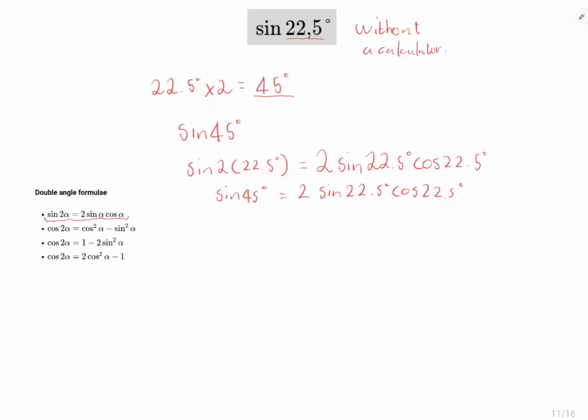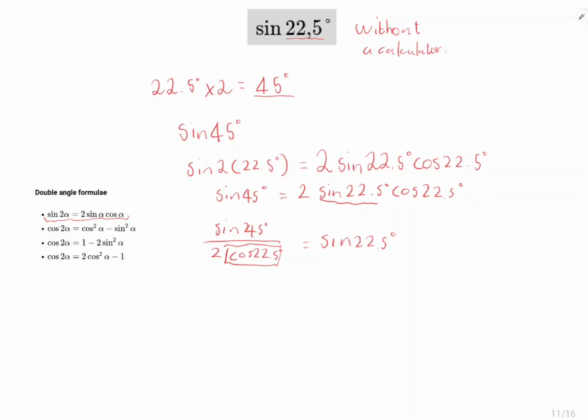So we will want to isolate this by dividing sine 45 degrees by 2 cos 22.5 degrees, which is going to be sine 22.5 degrees, because we want our answer to be isolated, right? But here's a problem. We can change this into a fraction because we know our special angles, but we cannot somehow convert this without the use of a calculator.